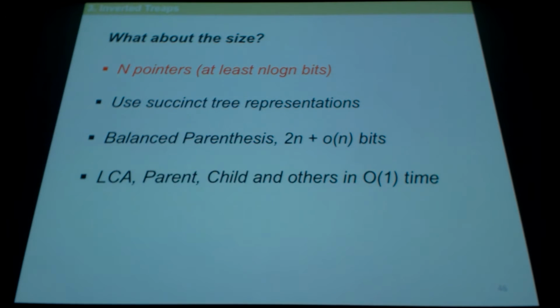And we can actually have lowest common ancestor, parent, child, and many other operations in just constant time. Just give me one node, another node, I can give you the lowest common ancestor, constant, using this representation. Right? So forget the pointers. This is the coolest way to represent trees.